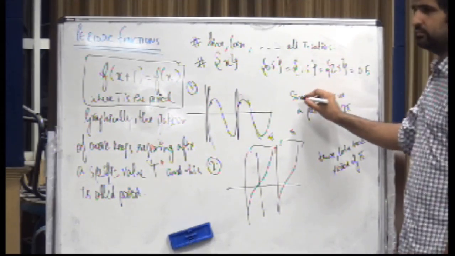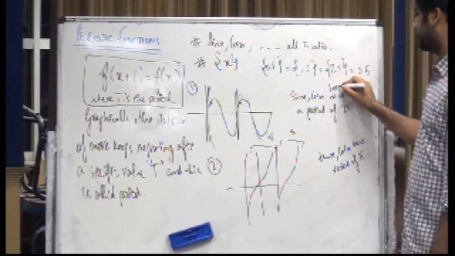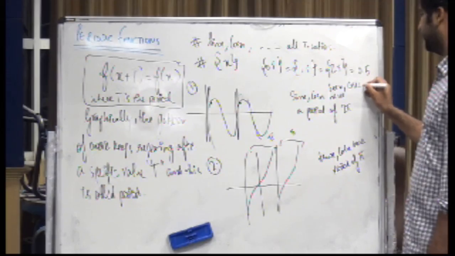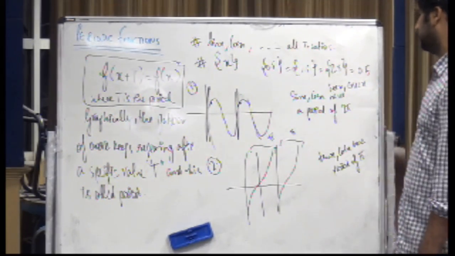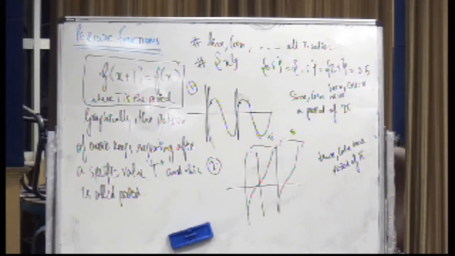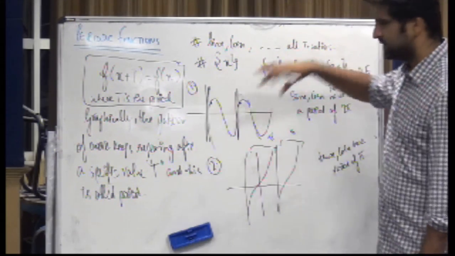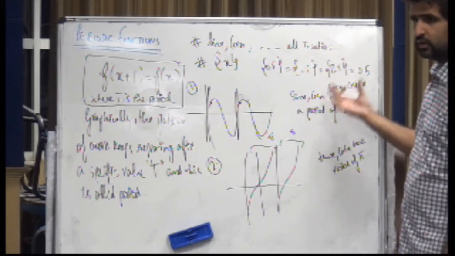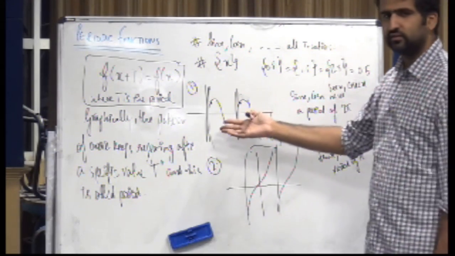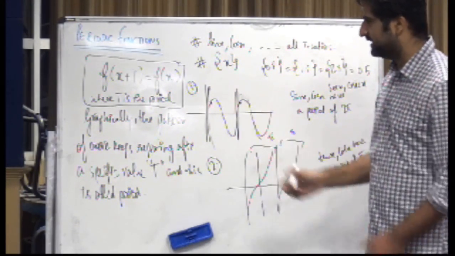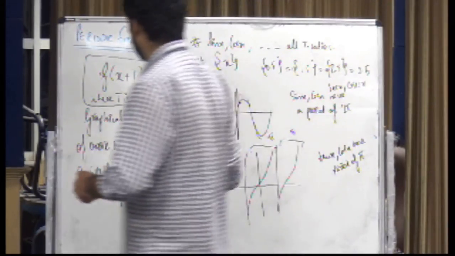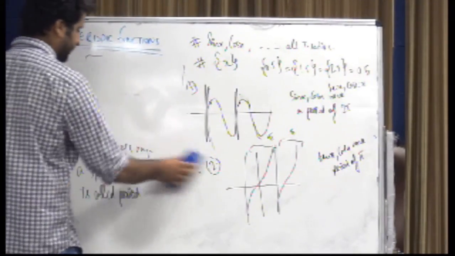They will have the same thing as sin x, cos x: a period of 2 pi. So you just have to see the graph. If it repeats itself after a certain value of x, then that value of x is called the period and the graph is called a periodic graph or periodic function.